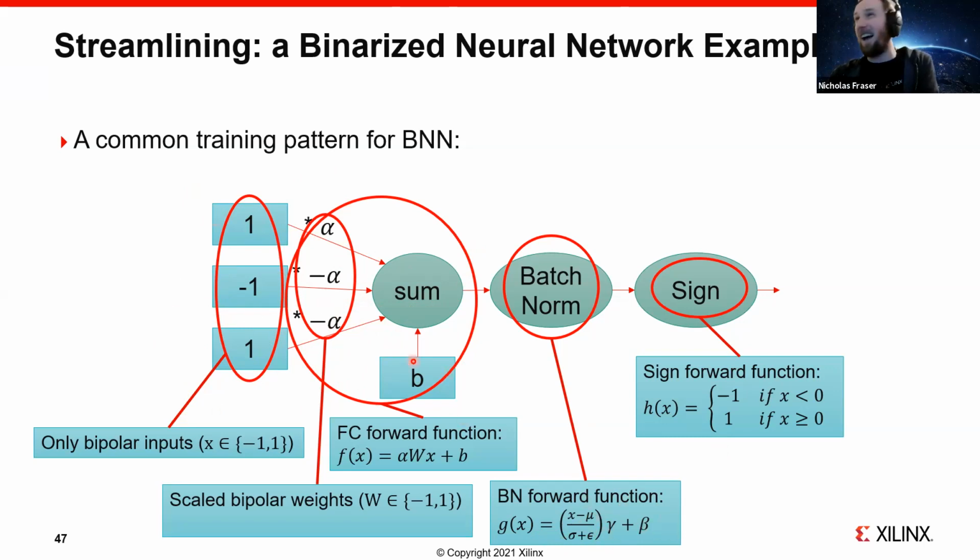My intuition as a hardware designer is that the main problem is in the implementation of this batch normalization layer. This looks horrendous to me. So of course, we don't actually want to implement this. We want to do a bunch of lossless optimizations.